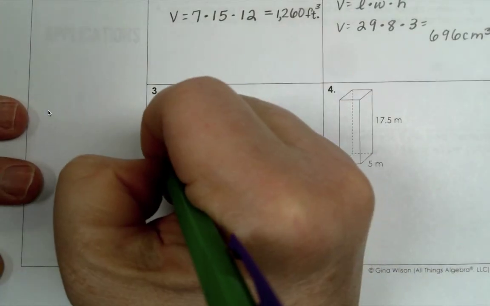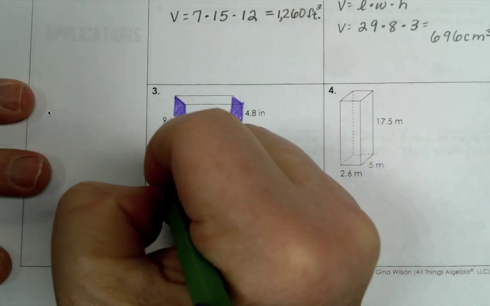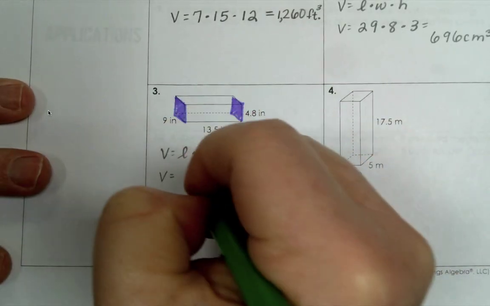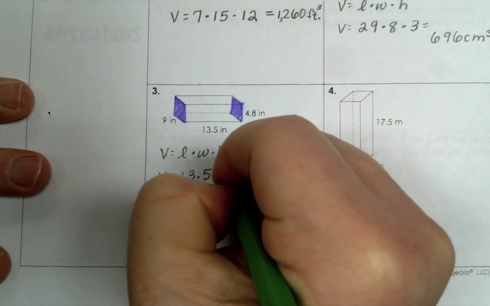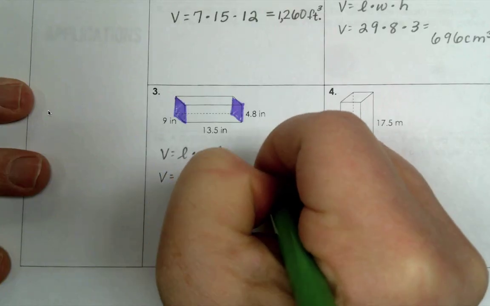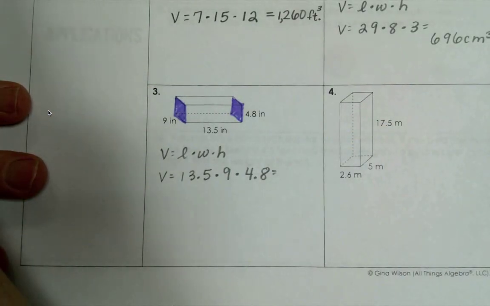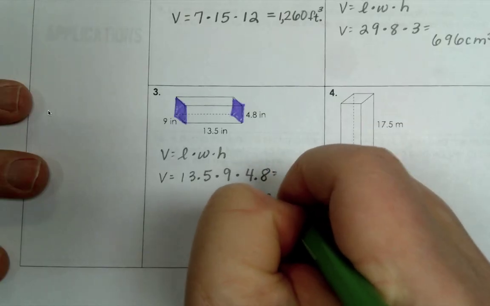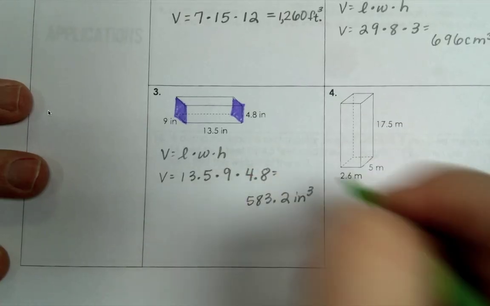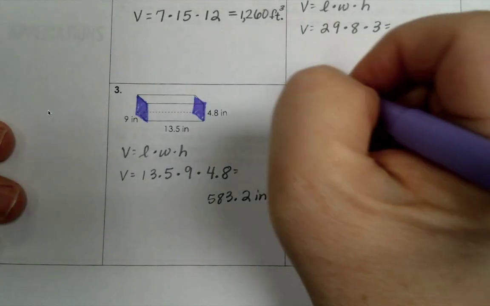So again, I have volume equals length times width times height, and I get volume equals 13.5 times 9 times 4.8. I get 583.2 inches cubed. Okay, and then again, number 4, I'm just going to identify my bases.